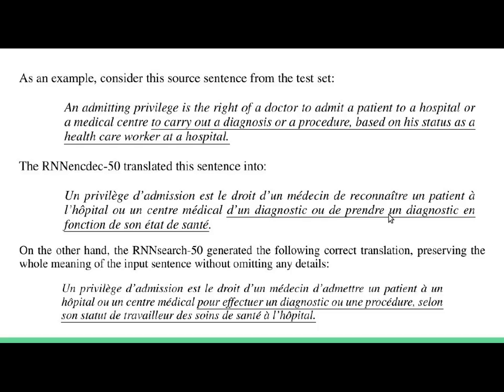The second is "in function of his state of health": the translation was about the patient, but no, that's about the state of the doctor as a worker at the hospital. So there were two mistakes with just the encoder, decoder, and the fixed vector in the middle. And here with RNN search, they get it perfectly, and it's nice.